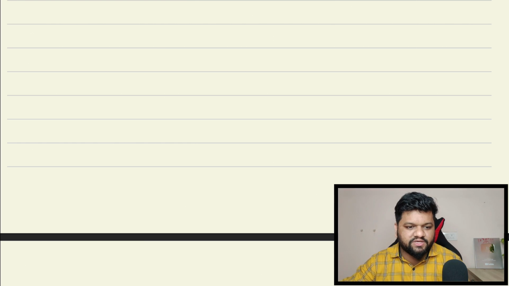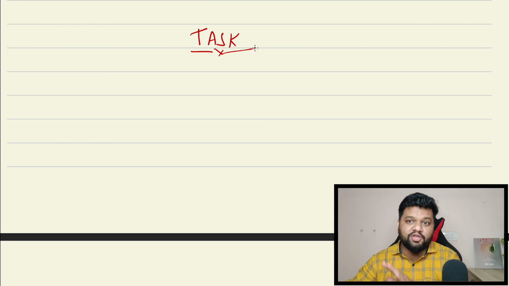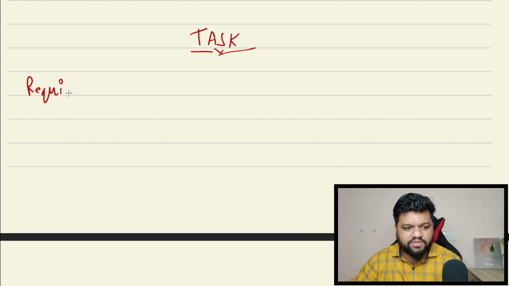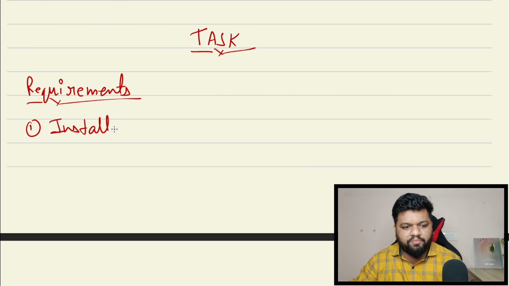So the task is very simple. You need to design a batch data pipeline in your local system, right? First, the requirement part: what all things you need to have. First thing, install Hadoop. Why?